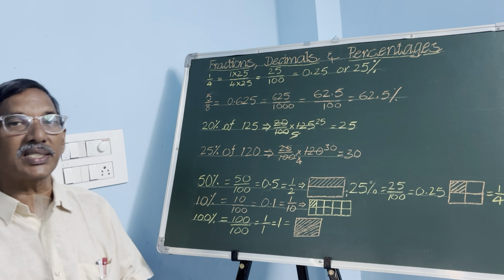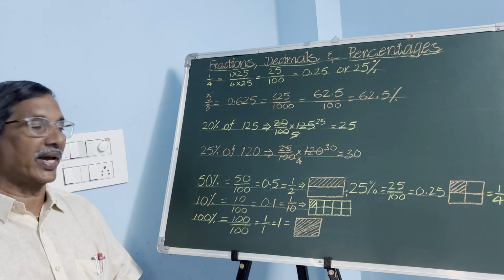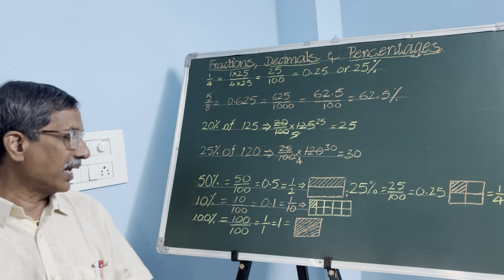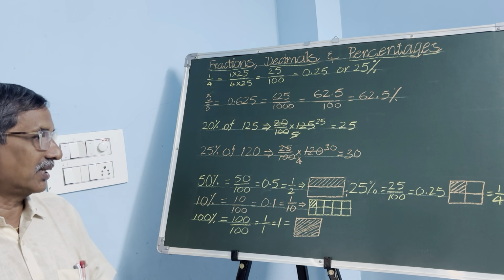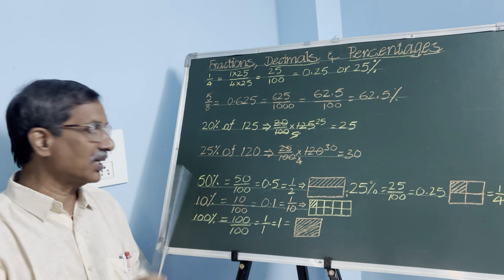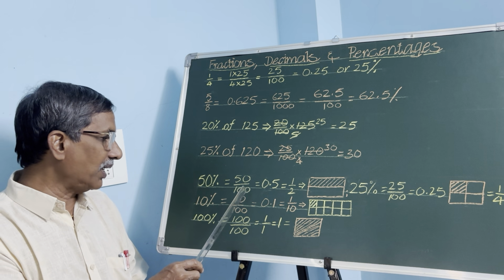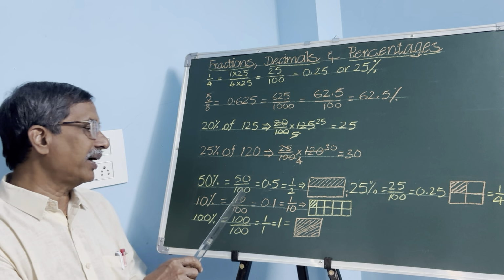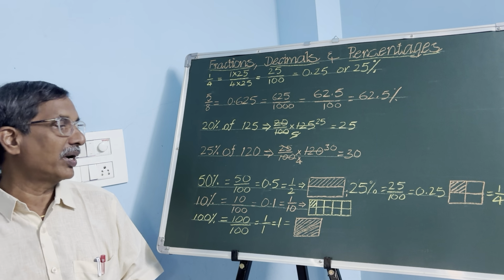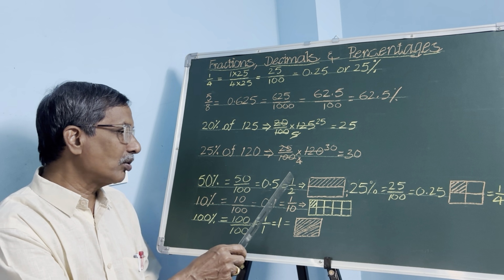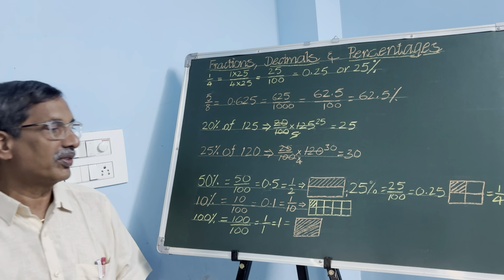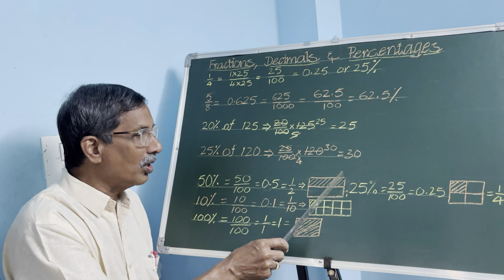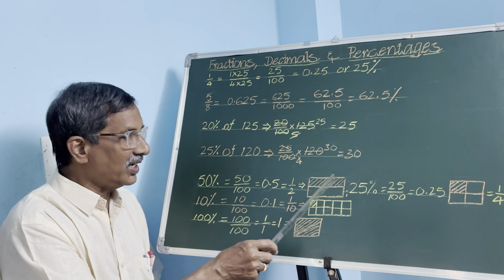So now let us express these in the form of diagrams. What is 50%, 10%, 100%, like that. 50%, we know that is 50 by 100. 50 by 100 can be written as 0.5. This is equal to half. That means this is the whole and half is shaded here.